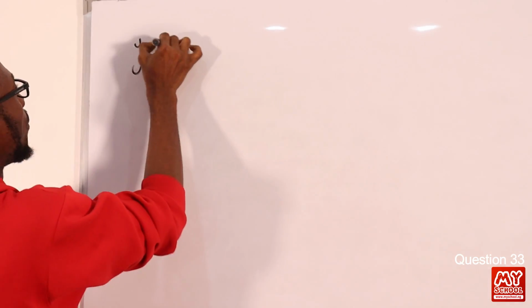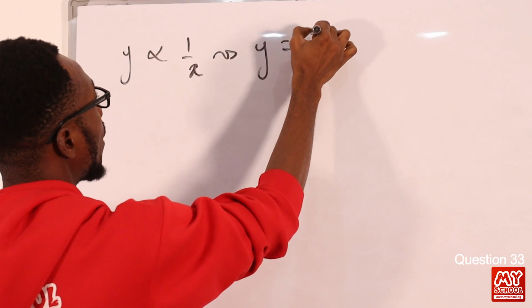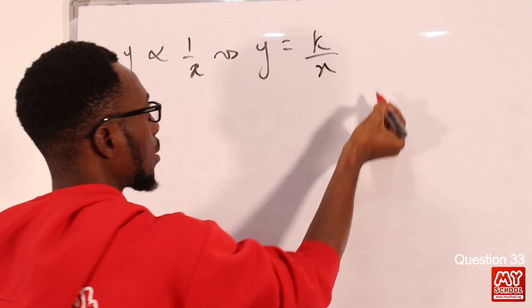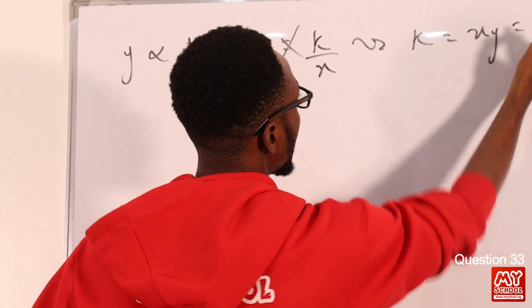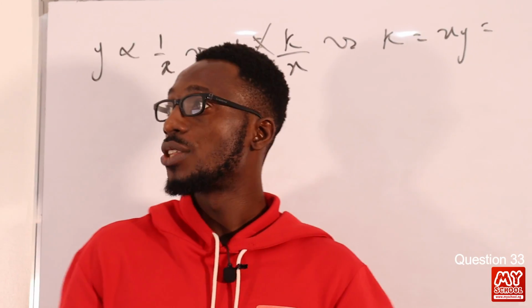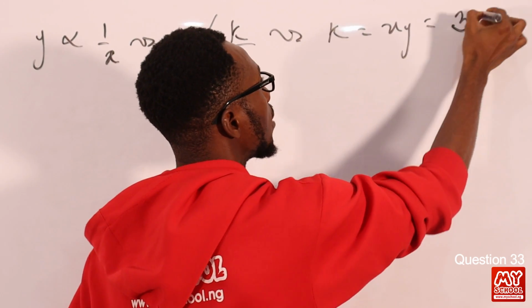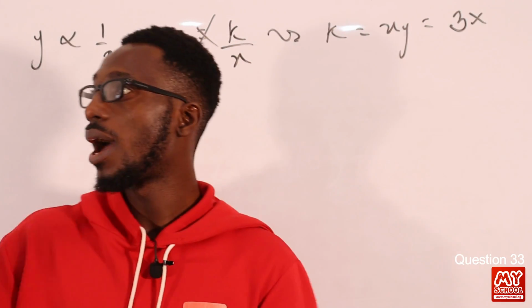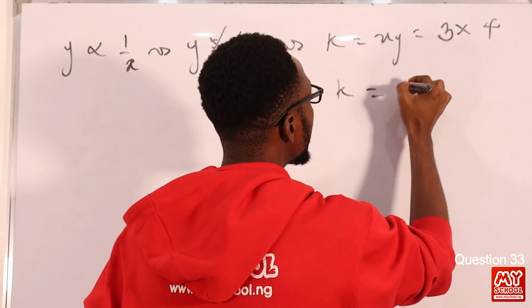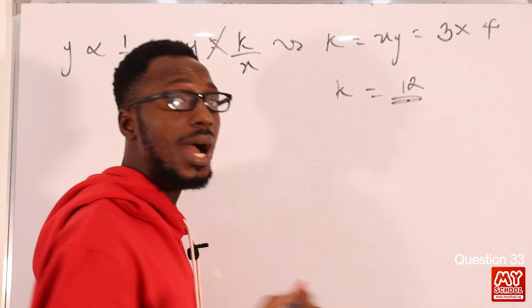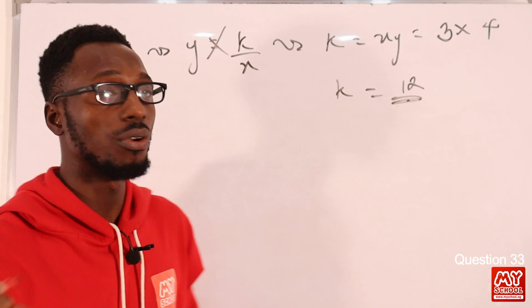So we have y equals k over x, so we have k equals xy. We are told that x equals 3, times our y, which is 4. So I have my k equals 3 times 4, that is 12. So we are now asked to find the value of x when y equals 12.